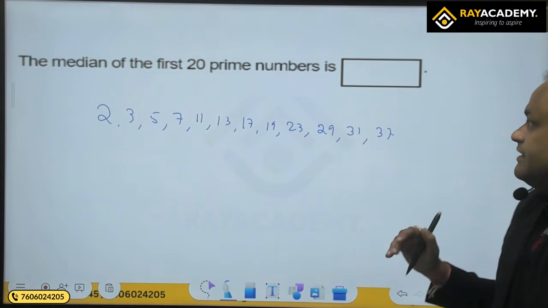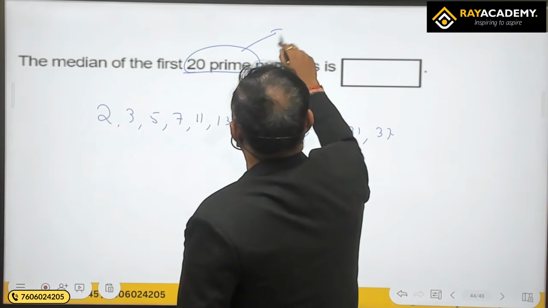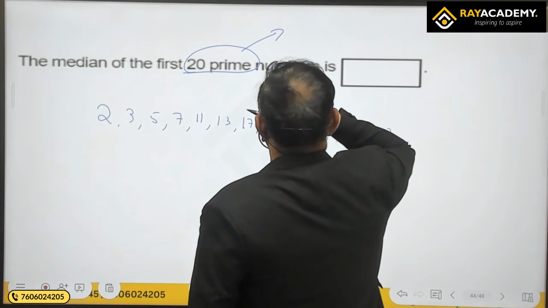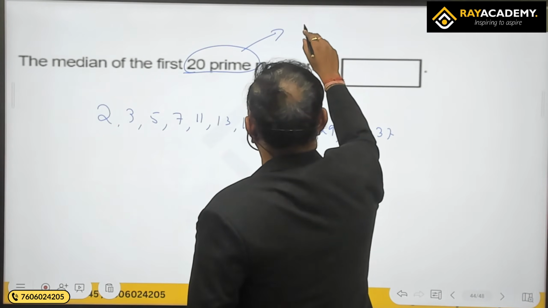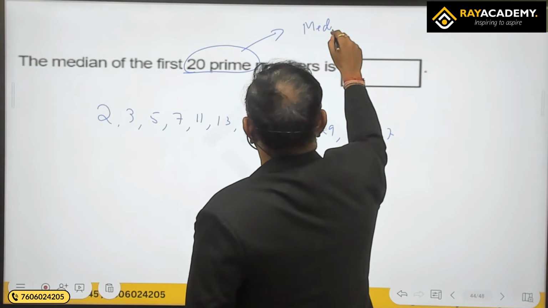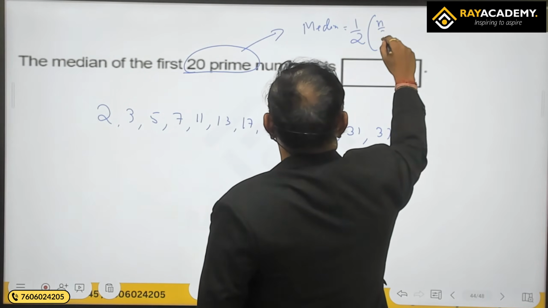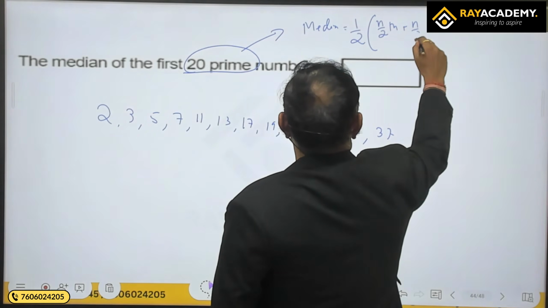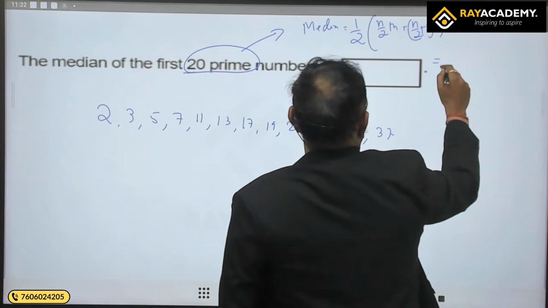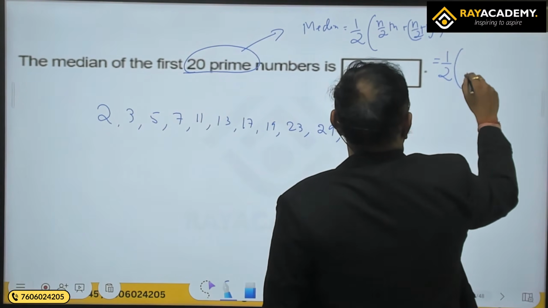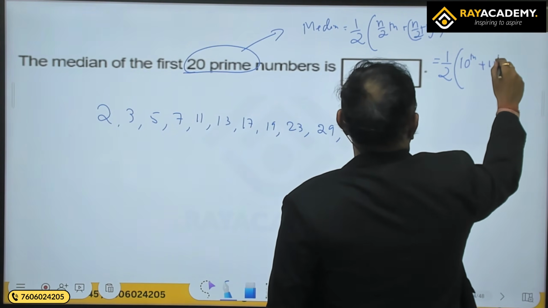And if the count is an even number, then the median is the average of the n by 2th number and the n by 2 plus 1th number. So if n is 20, this is the 10th number plus the 11th number.